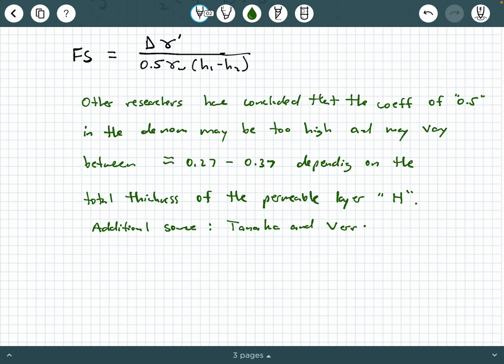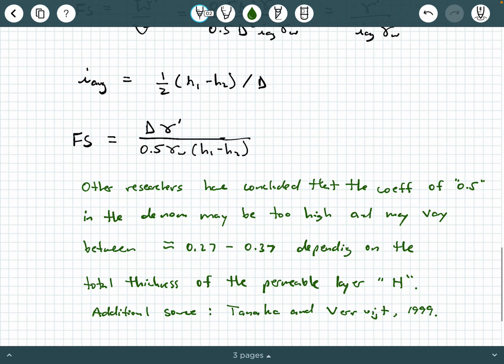Make sure I spell the names correctly. And that was from 1999, if you want to look into an additional source for the development of this coefficient here. So that concludes this video on this background information.